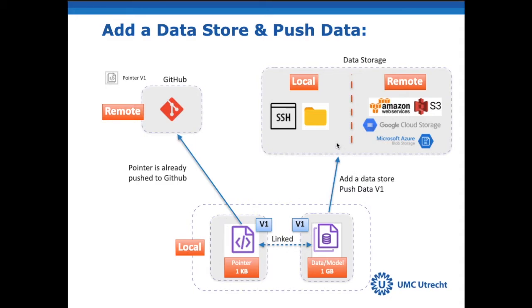For that, we're going to connect the data to a data store. So I already mentioned this could be in the cloud or also on premise. For example, you could attach it to an Amazon S3, or any of the blob storages of the cloud providers, for example, Google Cloud Storage, Microsoft Azure Blob Storage. You could also do a very simple thing and attach it to your Google Drive.